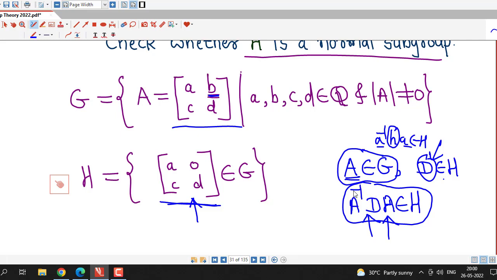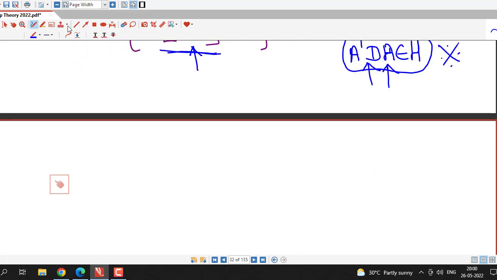From trial and error we can get the idea, and from this structure we may have the intuition that this might not be true for every matrix capital A and every matrix capital D. So we can try by taking particular elements. I take one matrix in capital G and another matrix in capital H, the subgroup.